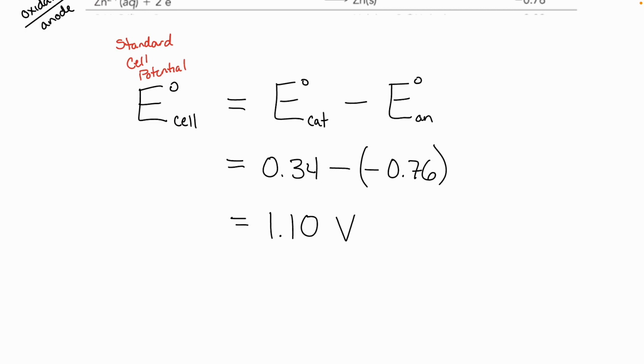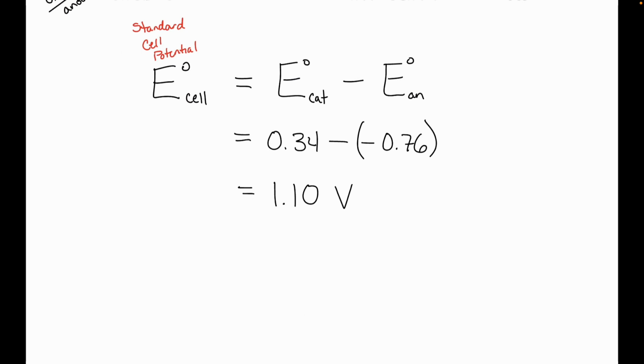All right. If our standard cell potential is greater than 0, then our battery will operate spontaneously. All right, we will indeed have a flow of electrons from anode to cathode if our standard cell potential is greater than 0.